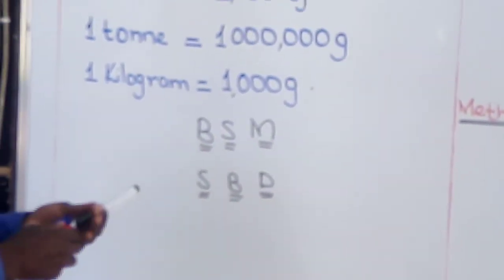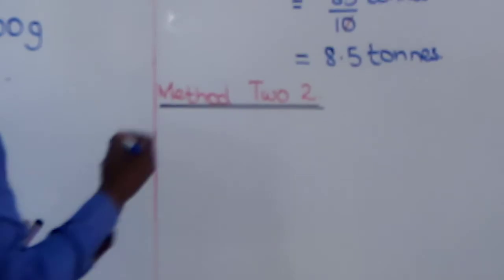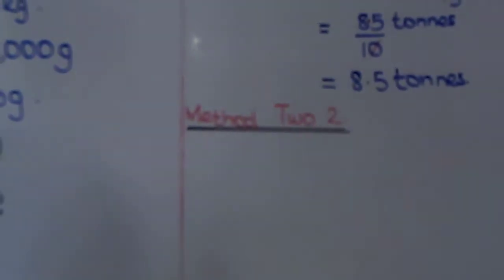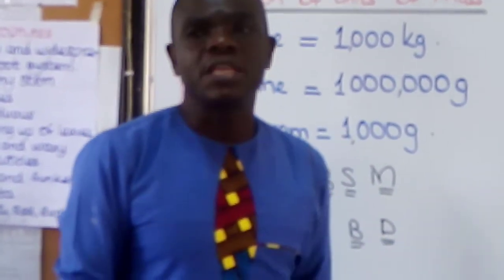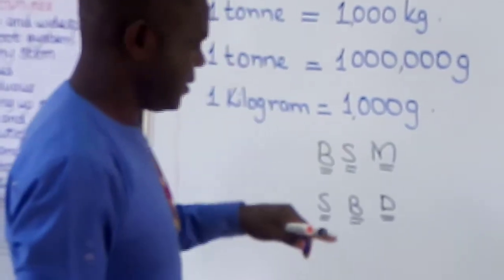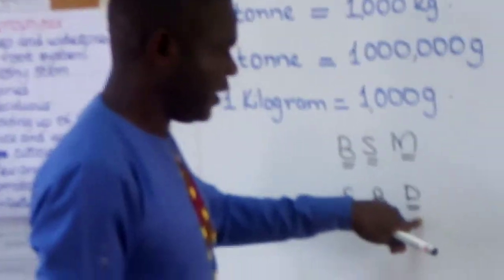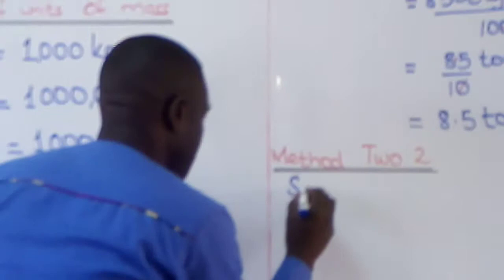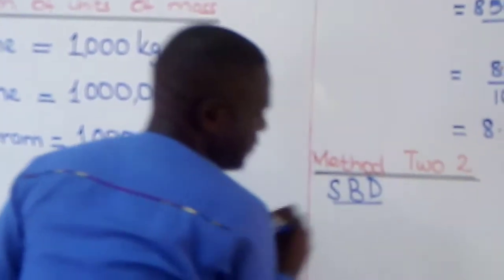And so here, we are coming from kilograms to tons. It is obvious that a kilogram is smaller than a ton. So it's from smaller to bigger, and we are supposed to divide. So we write our slogan there: smaller to bigger, divide.